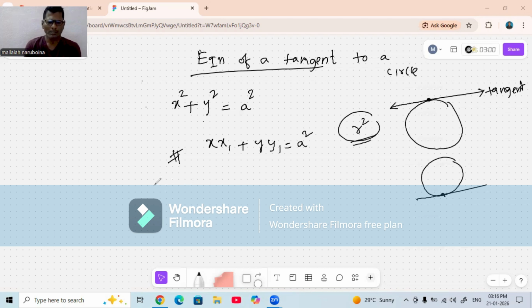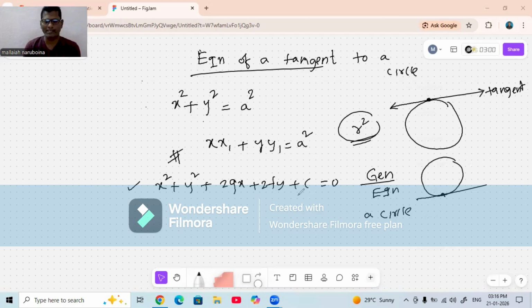Suppose the equation is in general form, as I told you earlier, x² + y² + 2gx + 2fy + c = 0. This is the general equation of a circle, right?